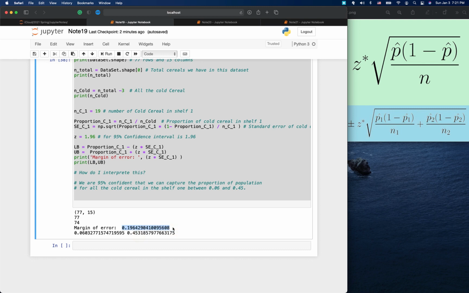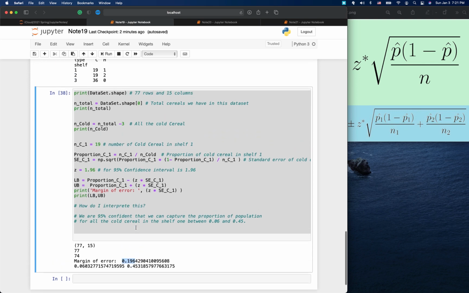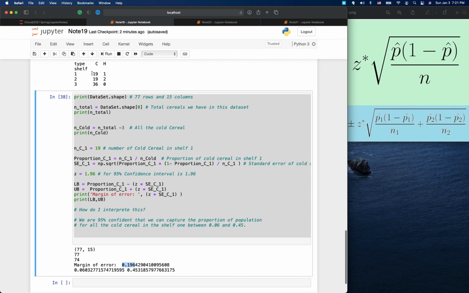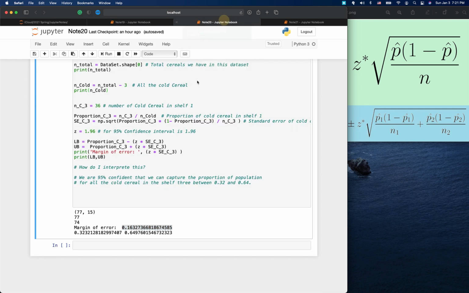So if our margin of error is higher, let's say 0.20, right? We have a smaller sample size. We have 19. If the margin of error is smaller, we have a higher sample size.